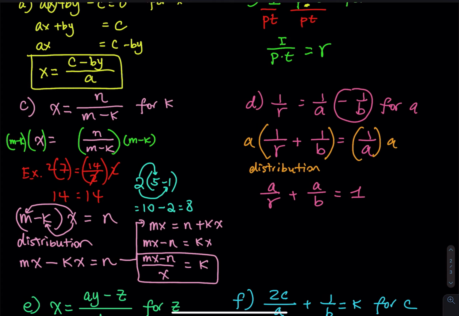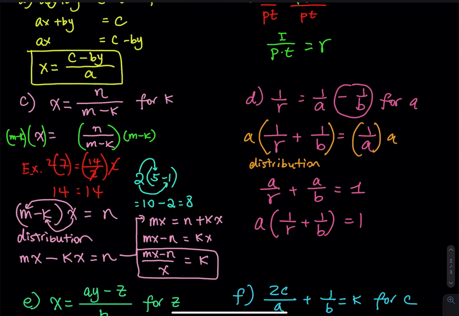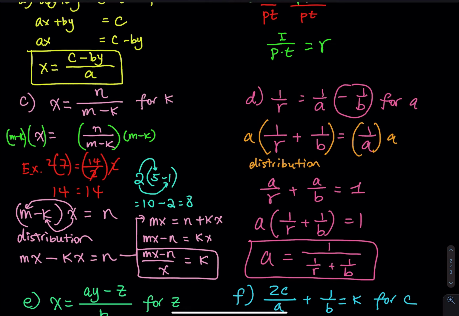And then you can factor the a out, so that is a times 1 over r plus 1 over b equals 1. And then you divide both sides by the stuff inside the parentheses. So that is a equals 1 divided by 1 over r plus 1 over b.